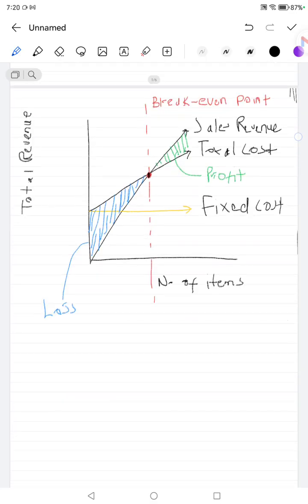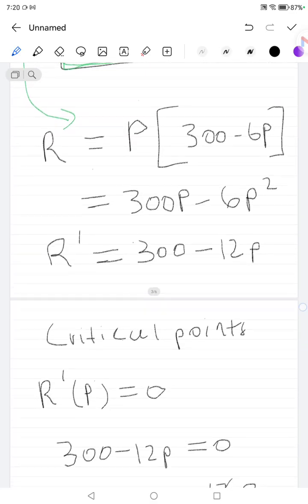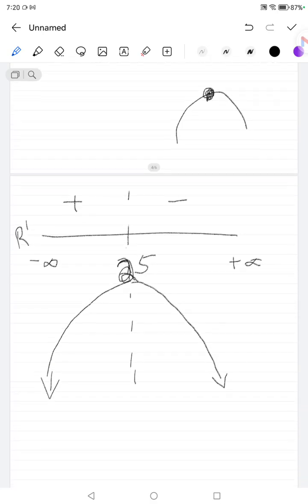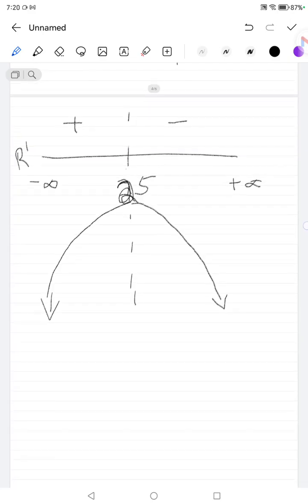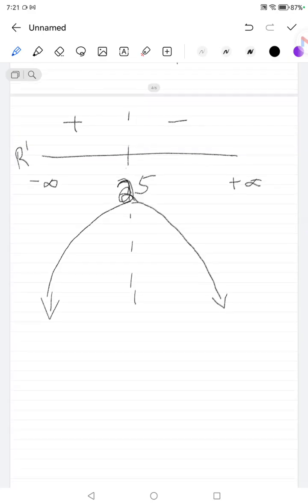So exactly here where I have my p equals 25, I'm going to have the global max. So now you can conclude that your global max is at 25.